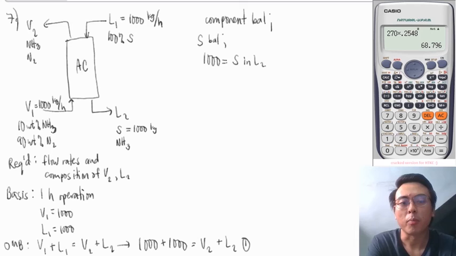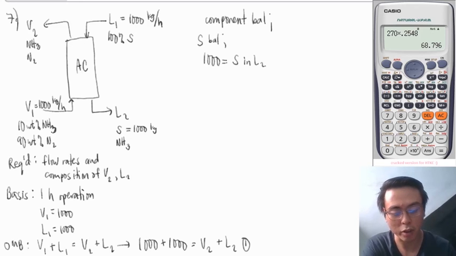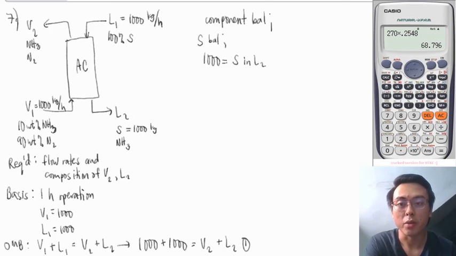Next, the problem stated that 98% of the ammonia coming in V1 will be transferred to the liquid stream. That is as good as saying that 98% of the ammonia present in V1 will be transferred to L2, because L2 is the exiting stream of the liquid. So how do we determine that? How much ammonia is in V1? V1 is 10% ammonia and we need to get 98% of that.